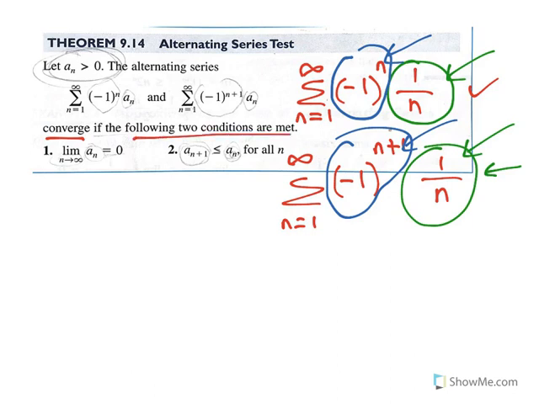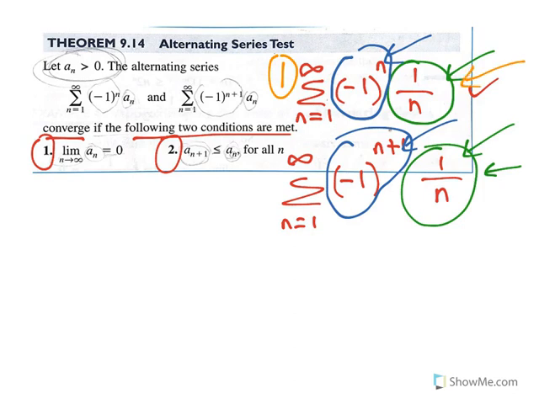So if you want to know if an alternating series converges, this is what you have to check for, 1 and 2. You have to check for the limit of a sub n as n approaches infinity. So I'm going to label this problem as number 1 here, and I will demonstrate the alternating series test with this as my example.